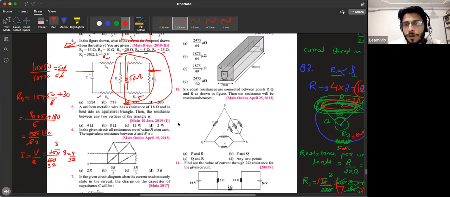The major part of current electricity is circuit only. We'll be doing different types of circuits. And for those who will not be attempting for JEE or NEET exams, it's even good for numerical solving skills. This will help you in boards exams also. You can take it as a revision class only. You have finished current electricity and you're getting one more class for the revision of current electricity.